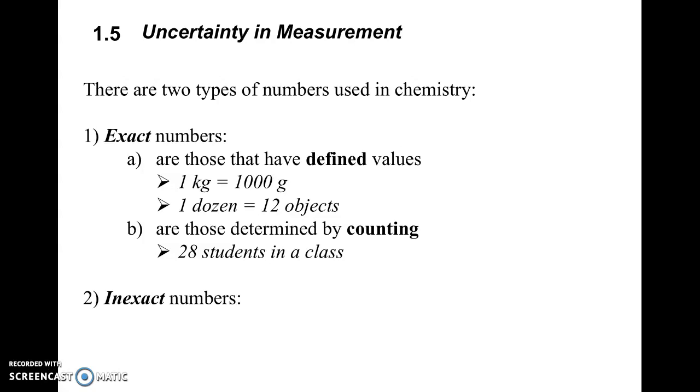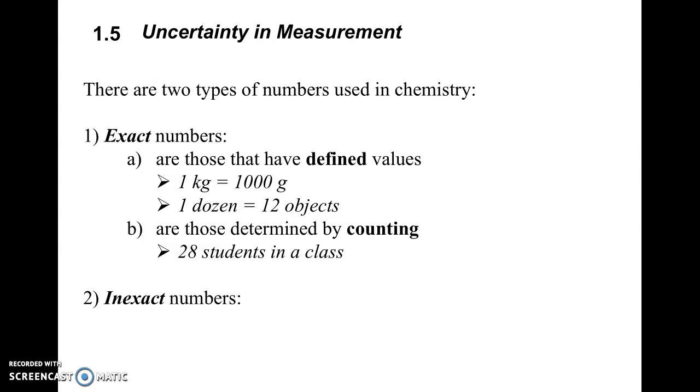So exact numbers are ones that are defined. Like there's 1,000 grams in a kilogram, or there's 12 eggs in a dozen eggs. These can also be considered counting numbers, like counting the number of people in a class. So those are exact, and they have an infinite number of significant figures.